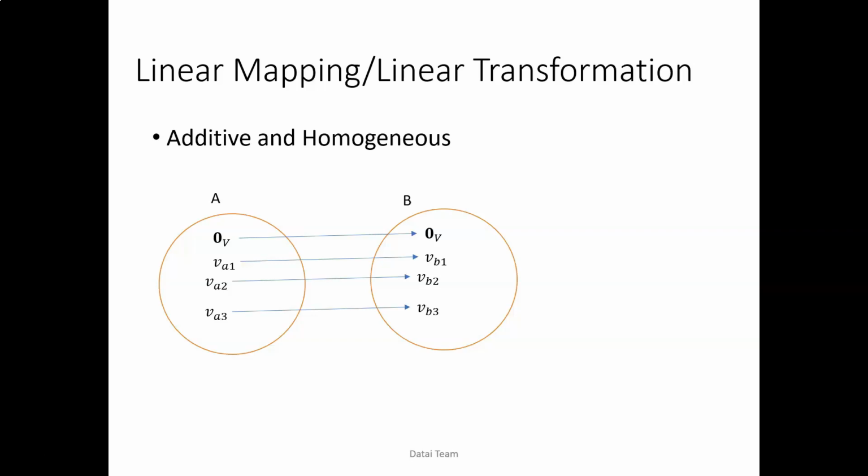So the 0 vector in A is mapping to the 0 vector in B. And we have A1 mapping to B1, A2 mapping to B2, A3 mapping to B3, and here every value is mapping to a single one, but this doesn't have to be the case. We could have vector A1 and vector A2 mapping to the same value.